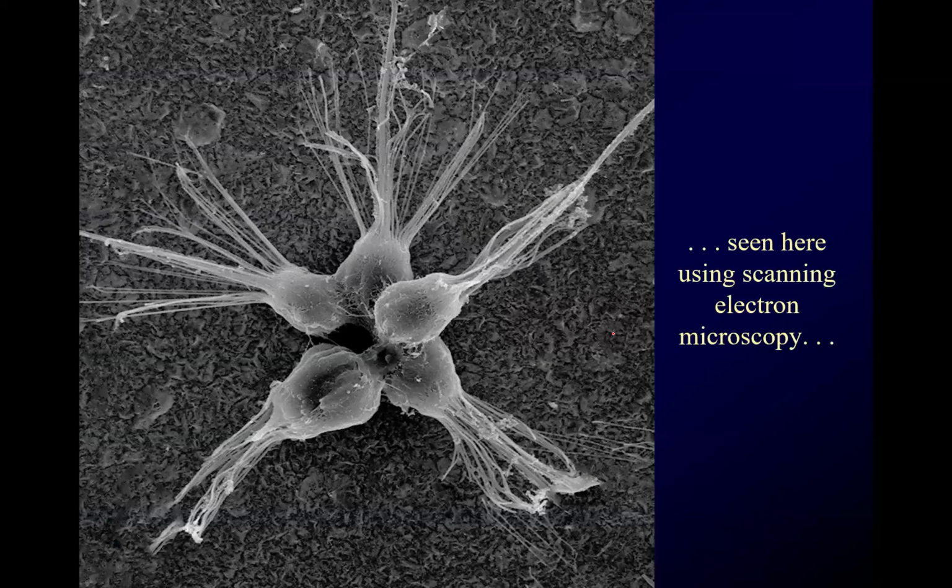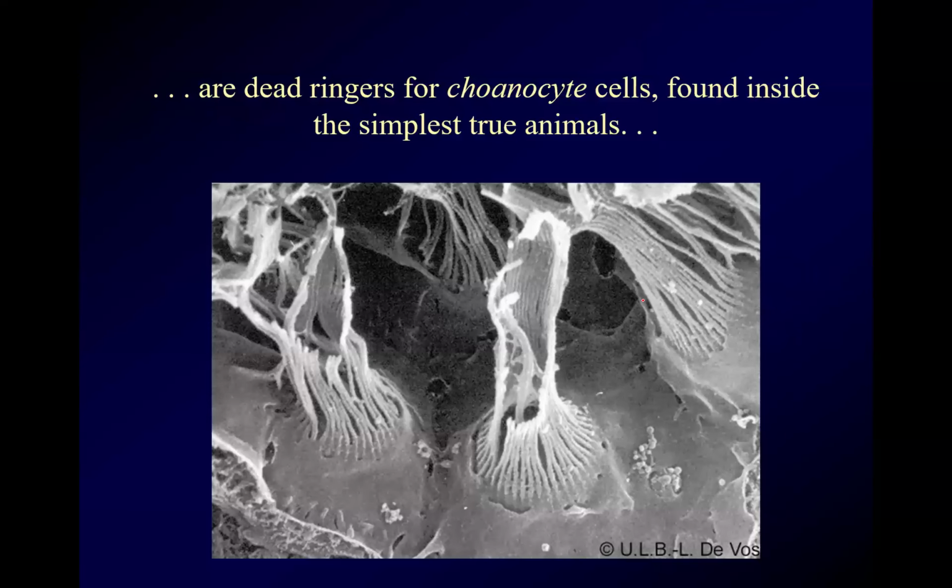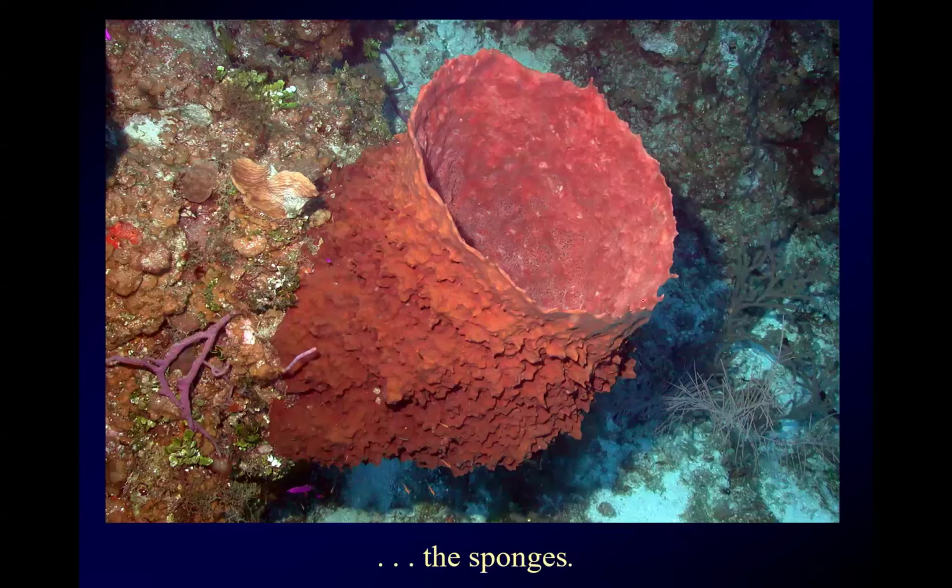With the microvilli are dead ringers for choanocyte cells, which are found inside the simplest and possibly the earliest branch of the animal kingdom, although we're not really sure, what we used to call the porifera, the sponges. Ta-da! We have finally reached the animal kingdom.